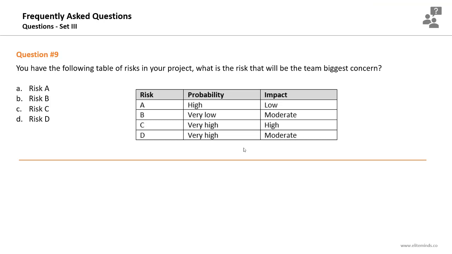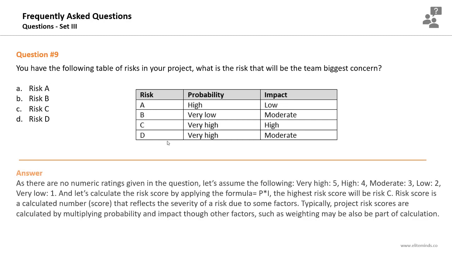Question number 9, you have the following table of risks in your project. What is the risk that will be the team's biggest concern? So here it's the result of the subjective risk analysis, the qualitative risk analysis, not the quantitative, because the probability and impact are given in the form of rating, not in the form of numbers, okay? So to find out the risk of the team's biggest concern, you need to find out the risk score for each risk.